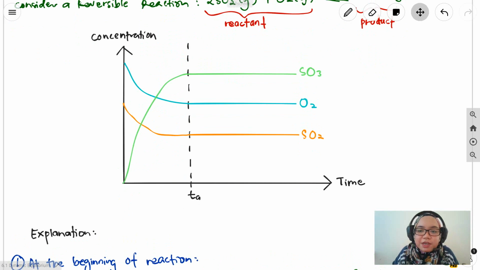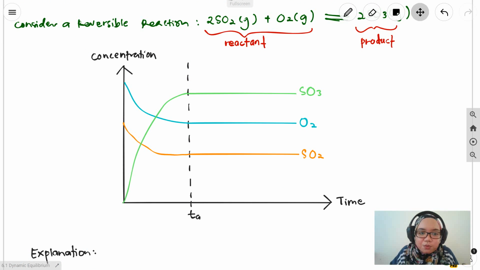Okay, for the reactant, we see here that at the beginning of the reaction, the concentration of the oxygen and the sulfur dioxide decreases with time. So the rate of forward reaction decreases over time. Nampak? Dia kat sini. The concentration of oxygen and SO2 gas decreases over time.